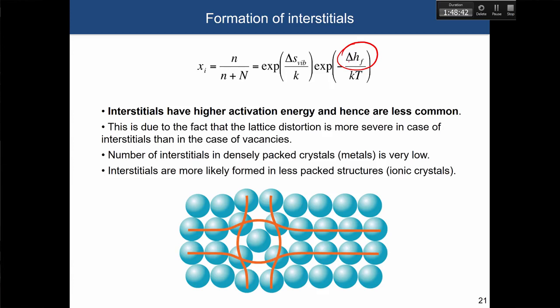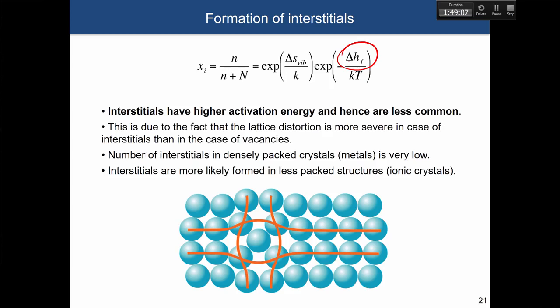And for that reason, the equilibrium concentration of interstitial atoms at a given temperature is typically significantly lower than the number of the vacancies. So this is the reason why all of these measurements that I indicated are actually growing. The number of the vacancies is changing, but you're also starting to introduce these interstitials, but the concentration of the interstitials is significantly lower than for the vacancies, right?